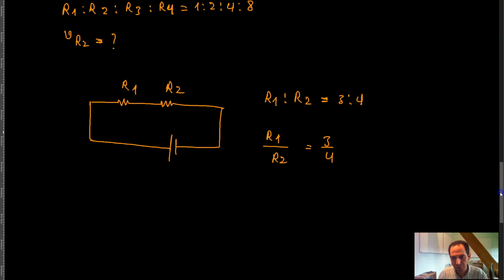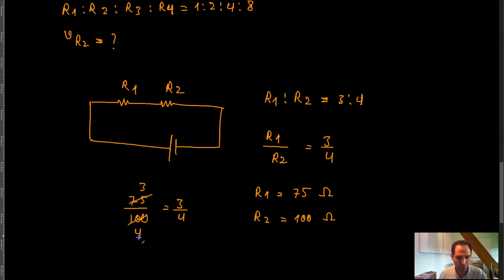Suppose that I take R1 as, for example, 75 ohm. Then R2 has to be 100 ohm. And 75 divided by 100 is actually equal to 3/4, because divide by 25, you'll get 3, divide by 25, you'll get 4, so 3/4.